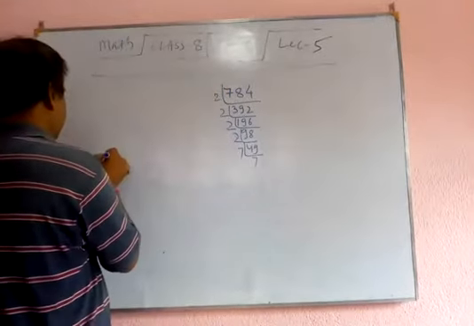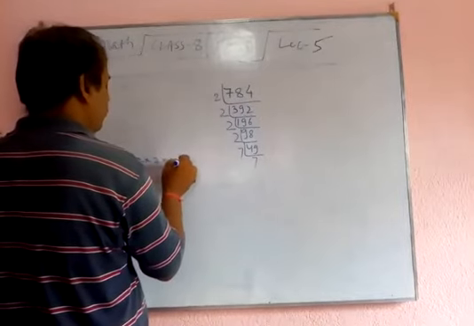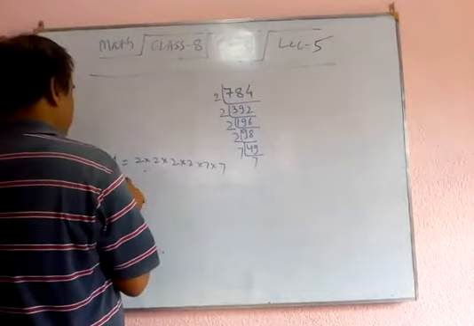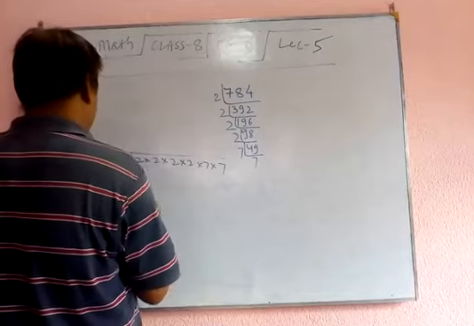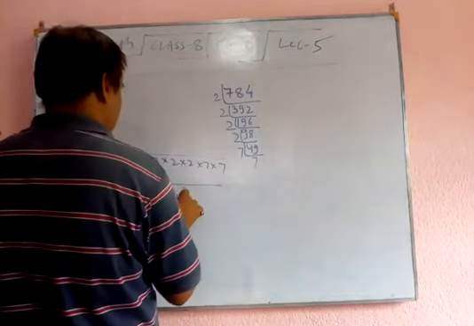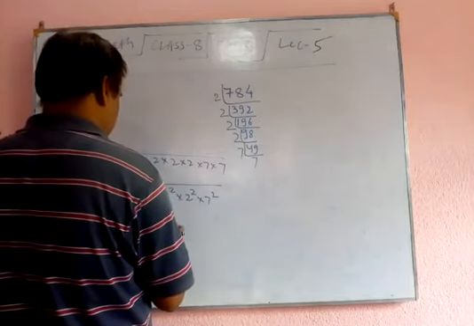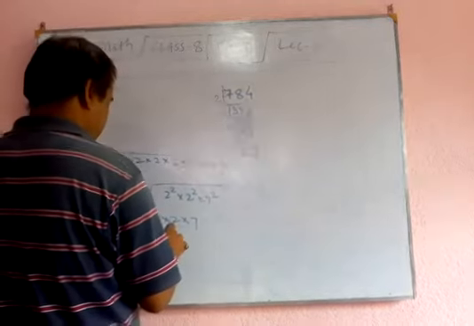So we can write here 784 is equal to 2 into 2 into 2 into 2 into 7 into 7. So root under 784, the square root of 784, is equal to 2 square into 2 square into 7 square. That is 2 into 2 into 7, that is 28.